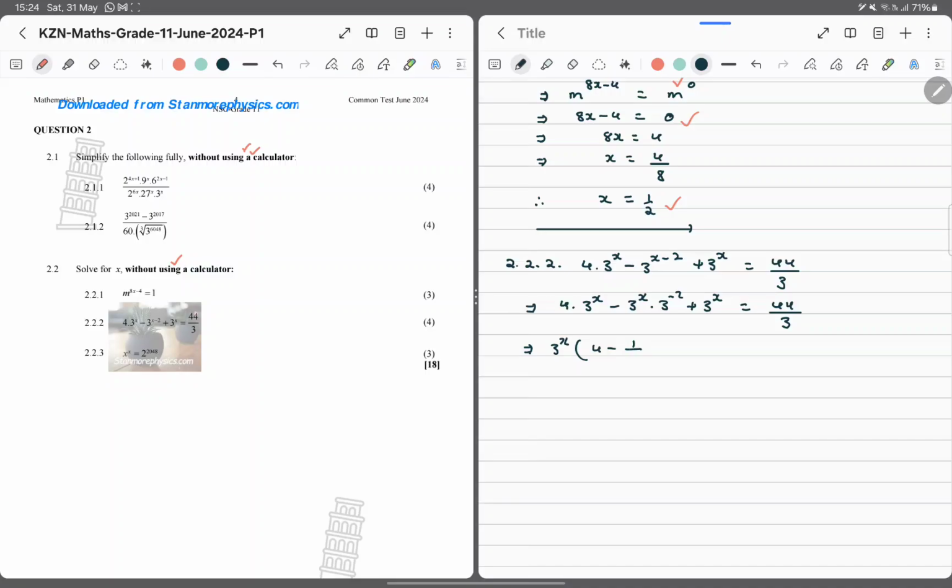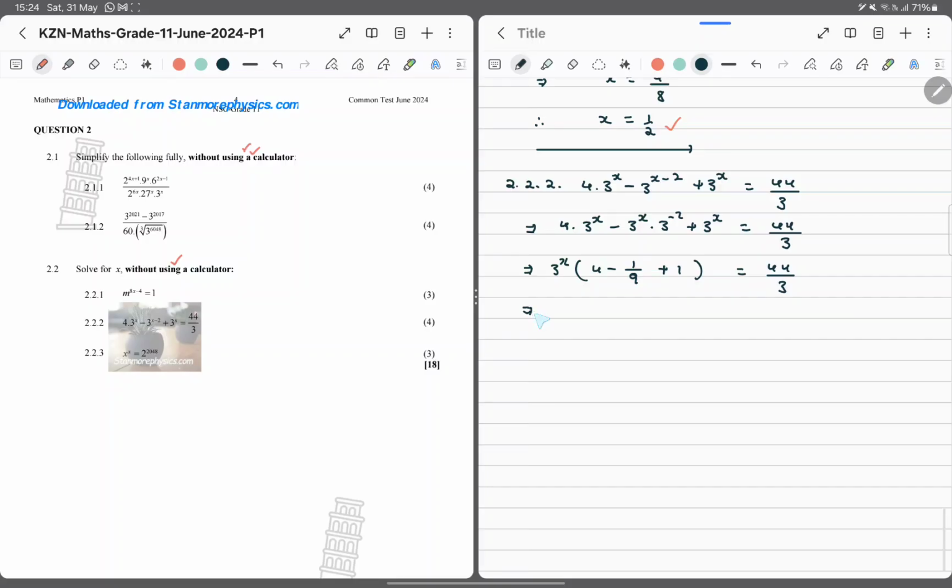This is going to be 1 over 9 plus 1 equals 44 over 3. So this implies that we've got 3 to the x into, now we're going to have 9 by 4, that's 36, minus 1, that's 35, plus 9 is 44.